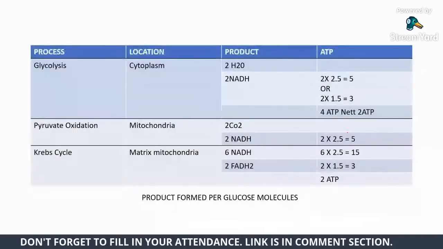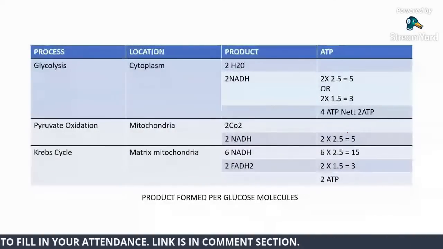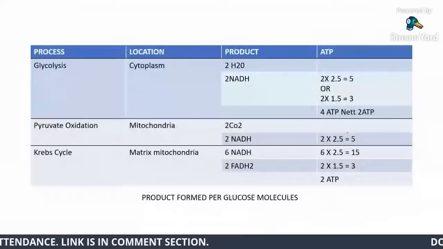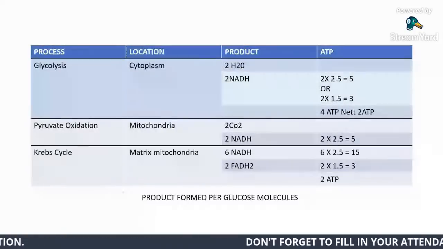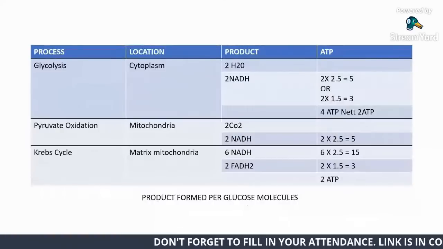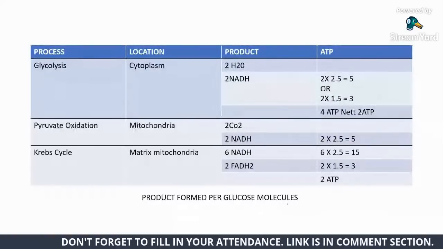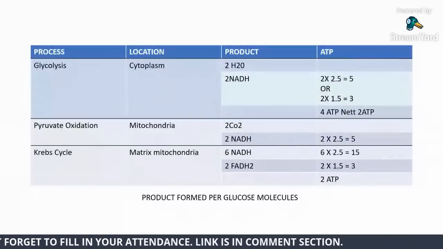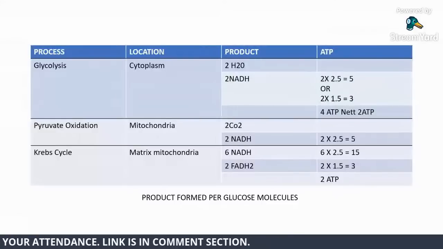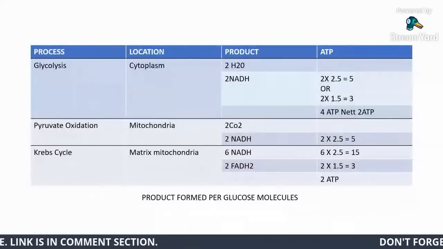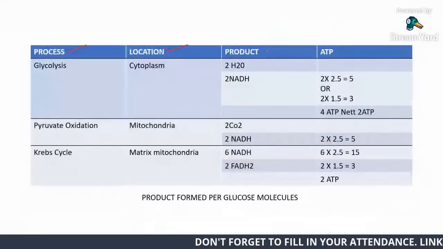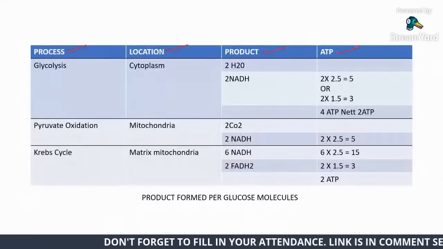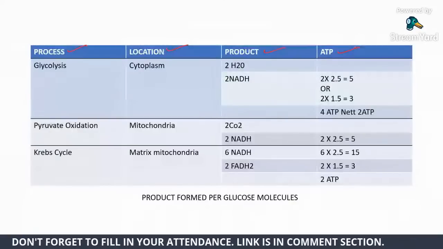I think for my own class, I guess they are familiar with this table. This is the table that I usually use in my class, that it consists of the process for cellular respiration, the location, product that it form, and the number of ATP formed.